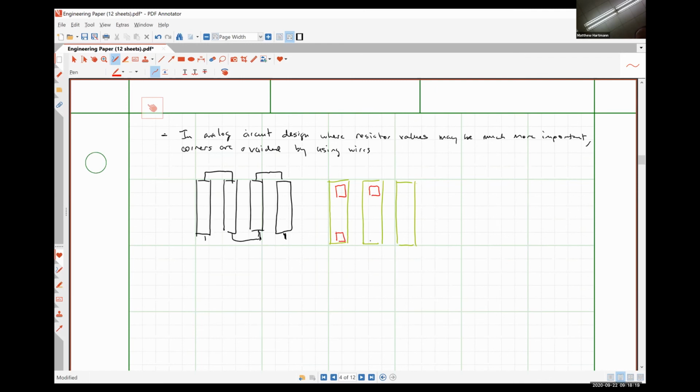And so that N+ implant is so that you don't accidentally create a semiconductor metal junction. So we use an N+ implant because while it is still a semiconductor, it's much more highly conductive than the N-well itself.